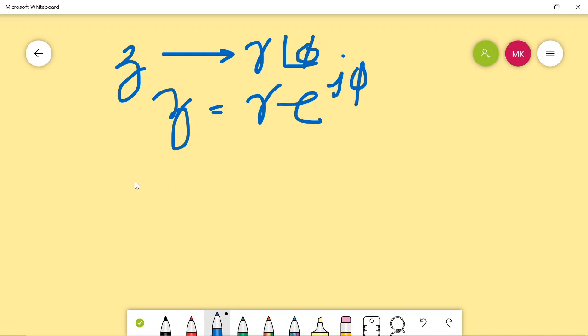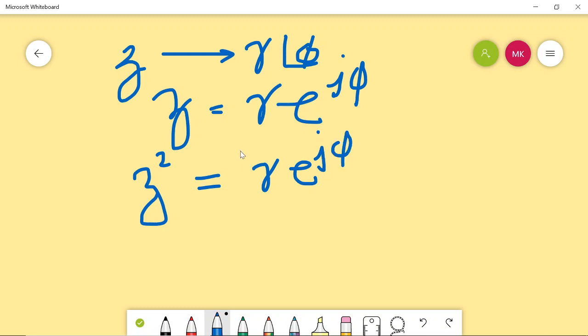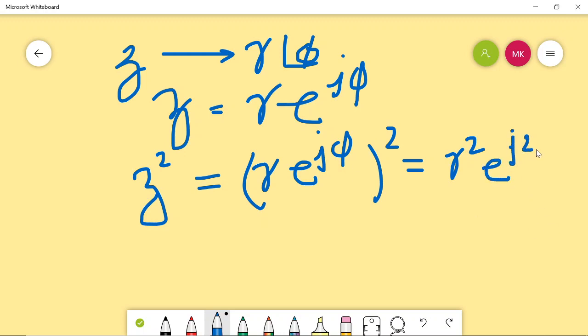Now if you have z square, then if we square this term, it will be r e to the power j phi whole square, and you will get the amplitude squared, and the phase will be j 2 phi.